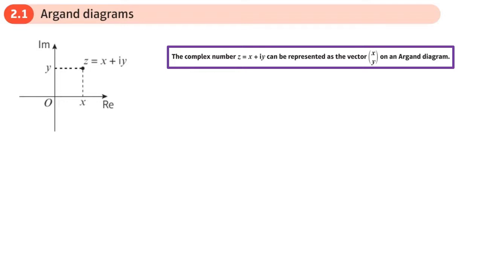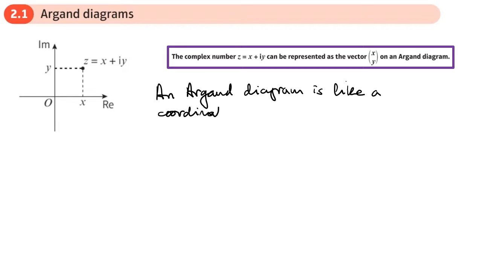So an Argand diagram is like a coordinate grid. Now a coordinate grid is what we call a Cartesian grid or Cartesian plane, and Cartesian basically means x and y.